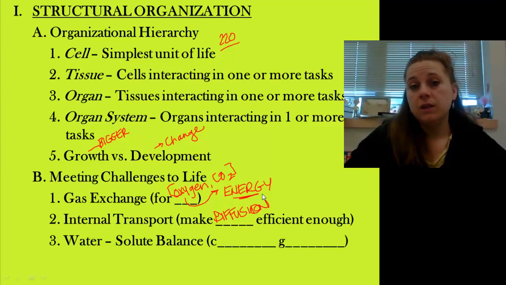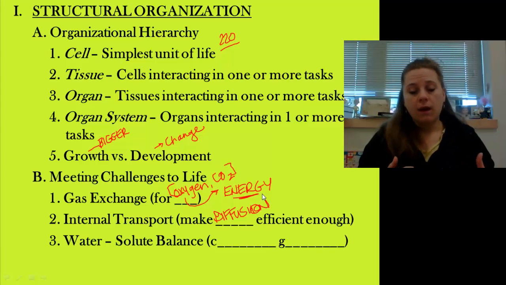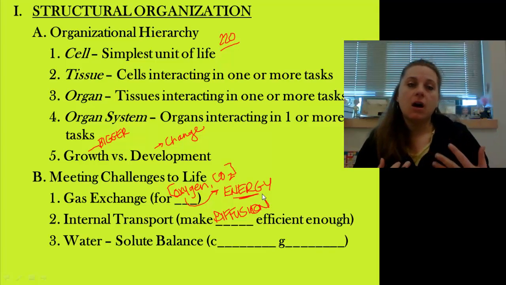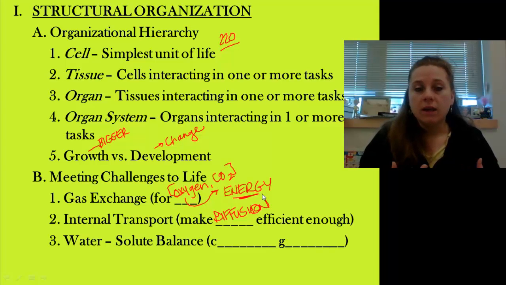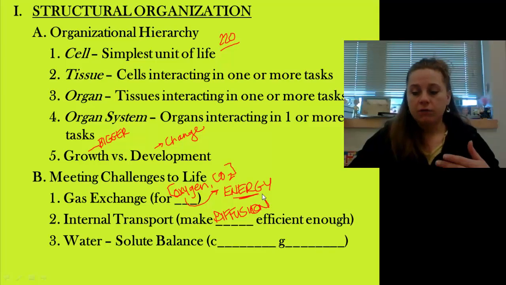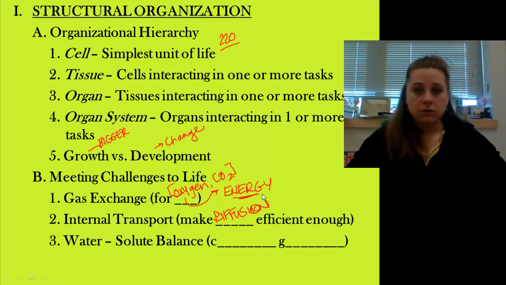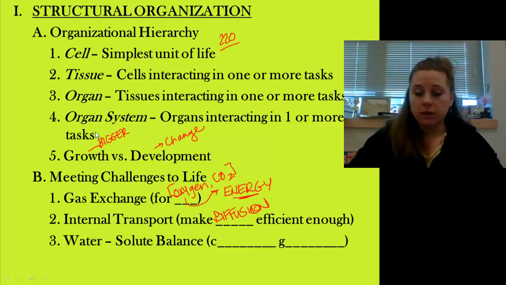And we also need to make sure concentration gradients are balanced well. And so we have mechanisms that are constantly regulating and monitoring that exchange of solutes and the balance of water, because we know how important concentration gradients are, right?